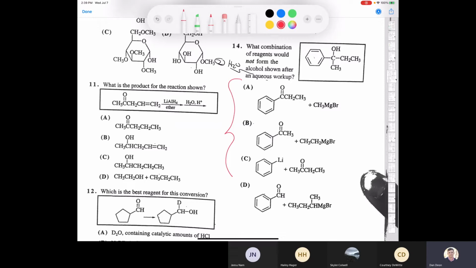However, here in D, just count the carbons, right? You need to have 1, 2, 3, 4 carbons. I mean, D is a reasonable reaction. The problem is this nucleophile would end up attacking here, okay? And then you would end up with a total of 1, 2, 3, 4, 5 carbons when you only need 4 carbons. So you'd actually end up with too many carbons. And so the correct answer is D. You end up with too many carbons in this case, but all the other mechanisms are all going to give you that compound.